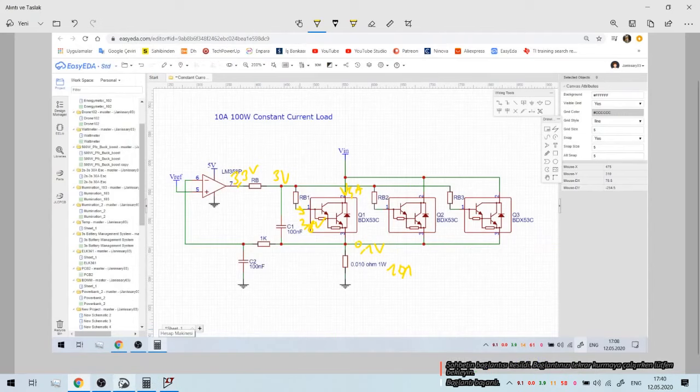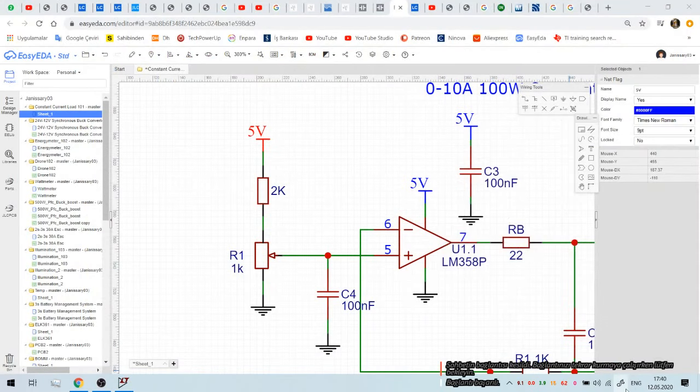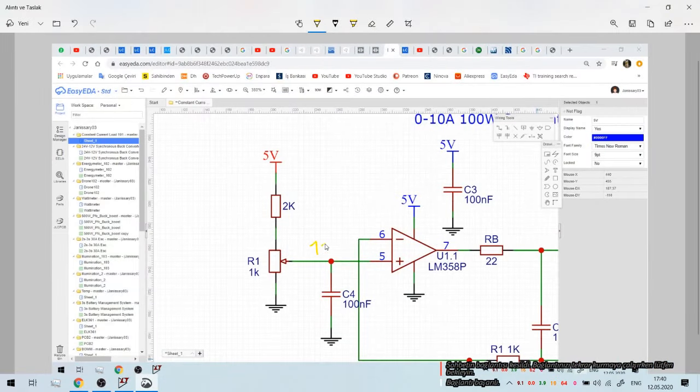Yes, calculate this. We need 120 millivolt maximum. Yes, 0 to 120 millivolt maximum. I give some margin of error also.